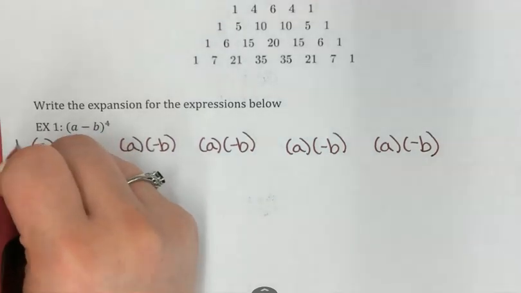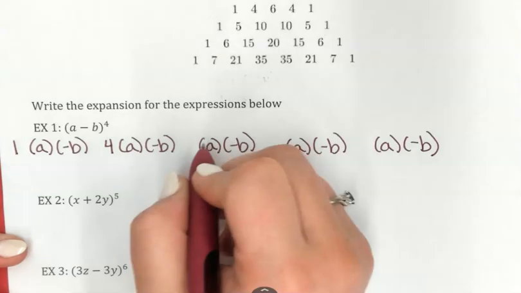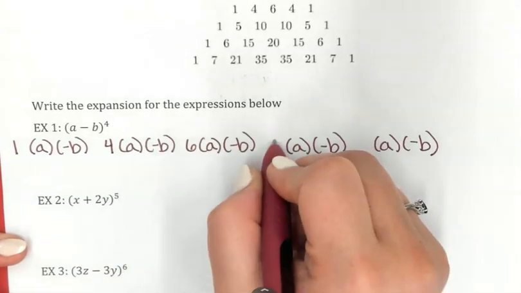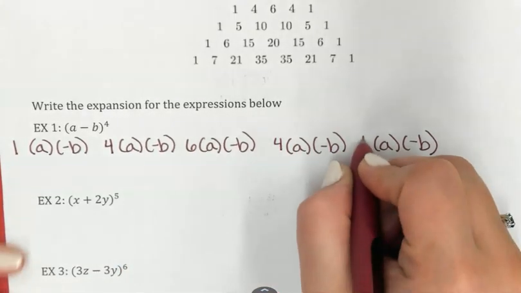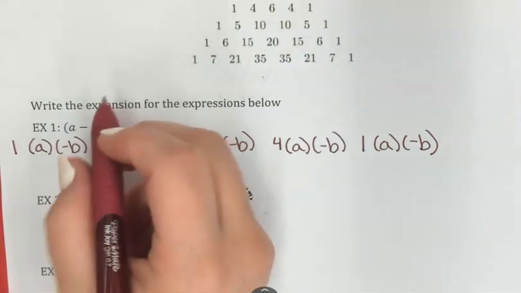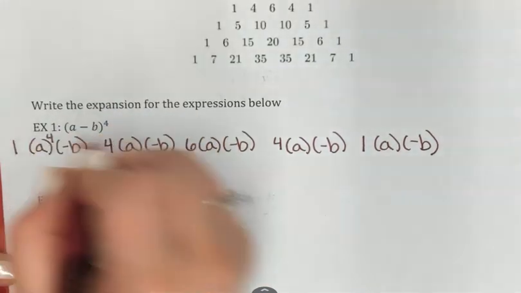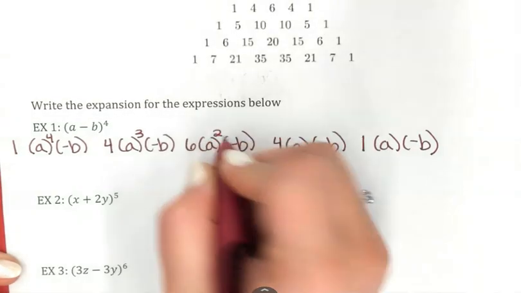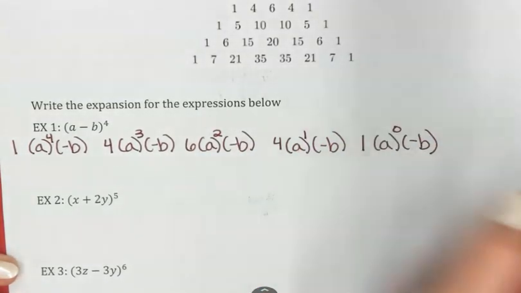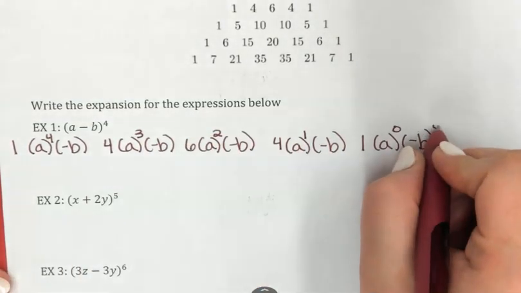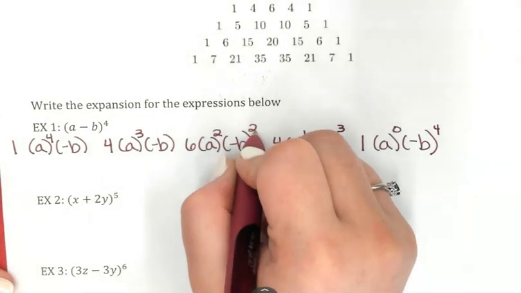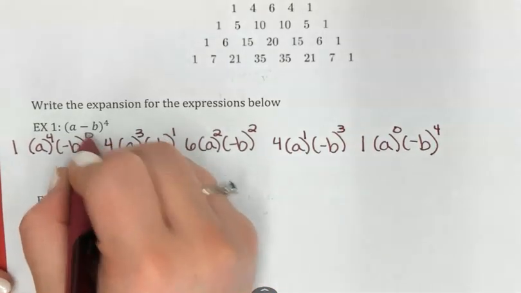So that's going to be 1, 4, 6, 4, 1. Then my exponents with a starting at 4, 3, 2, 1, 0. Then backwards for b, 4, 3, 2, 1, 0.